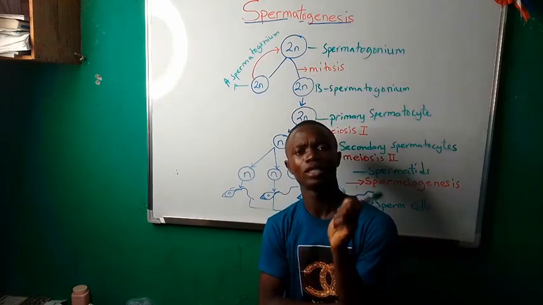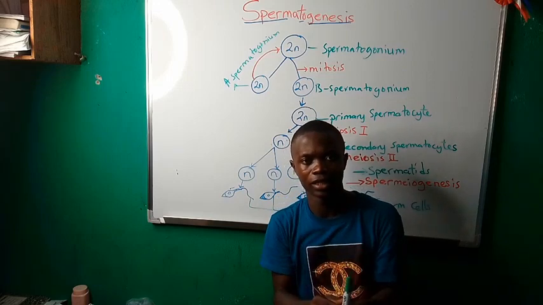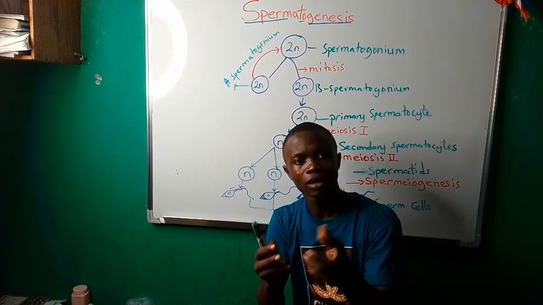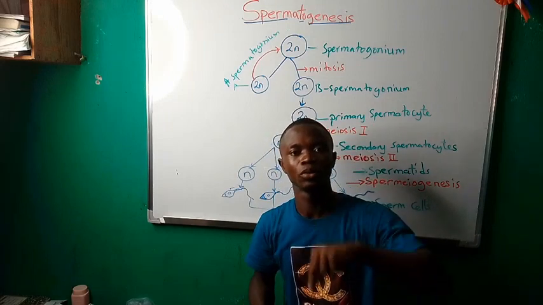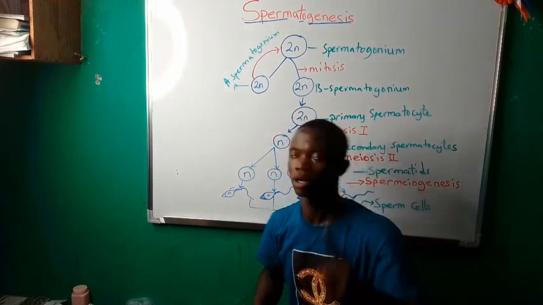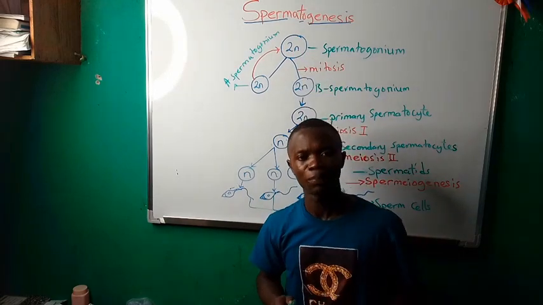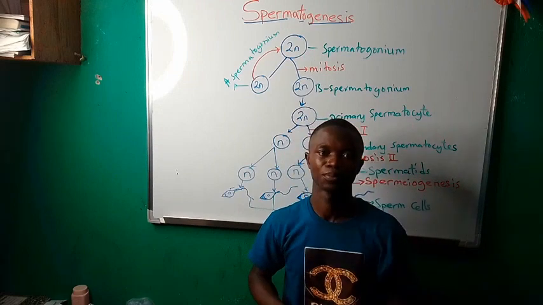This stem cell is formed in the seminiferous tubule of your testes. There is a specific tube inside your testes that we call the seminiferous tubule. It is within that tubule that you find a stem cell called spermatogonium. It is diploid, meaning it has two sets of chromosomes, 46 chromosomes.